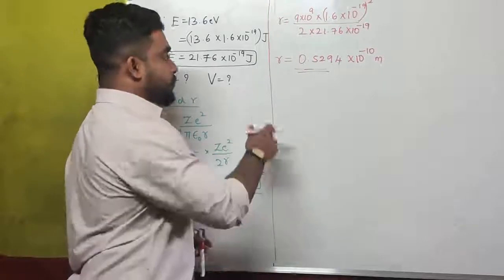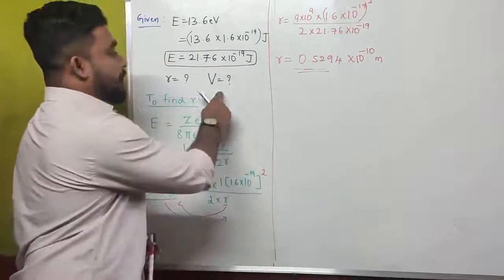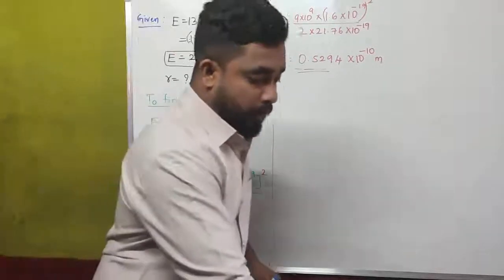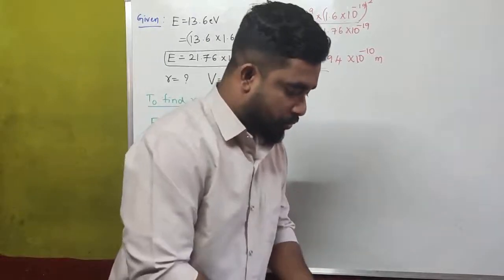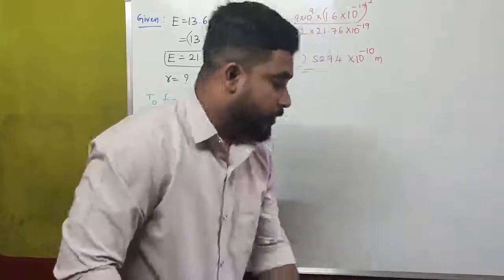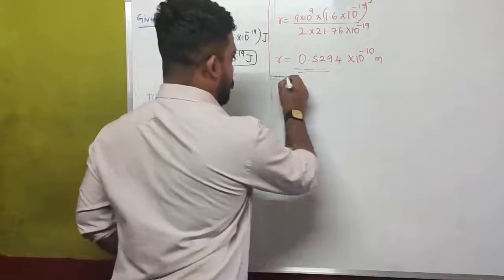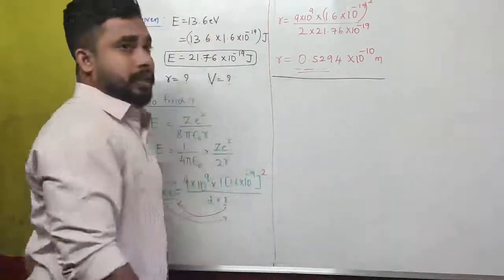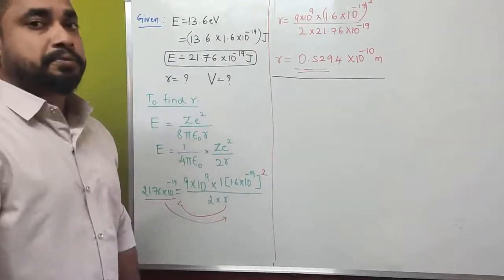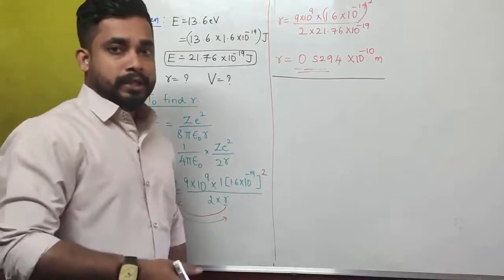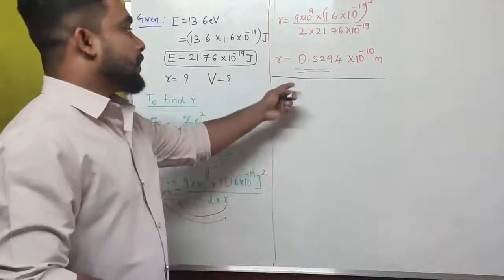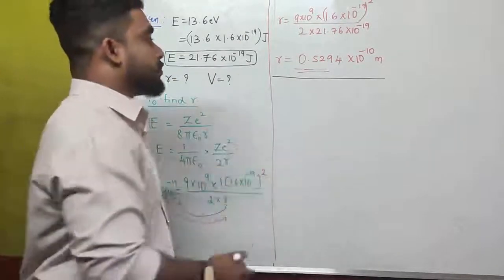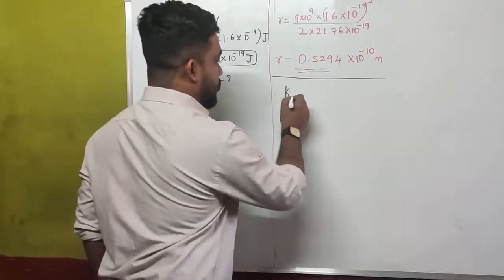Now, what we have to calculate is orbital velocity. For orbital velocity, we consider kinetic energy. If the electron is moving around the nucleus, that means it has some velocity, due to the kinetic energy of the electron.